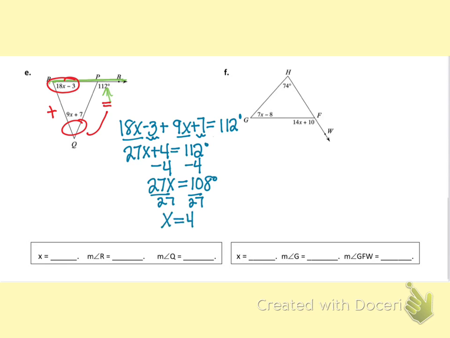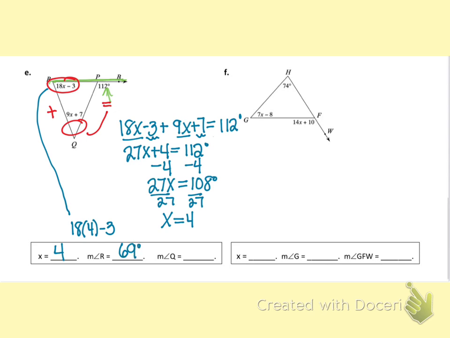Now, this time, these questions ask me to find these angle measures. So, like I said, sometimes they'll ask you to do that. Here they do. So, angle R is this one right here, right? 18 times what we just found x to be, which is 4, minus 3. So 18 times 4 is 72, and subtract 3 gives us 69 degrees.